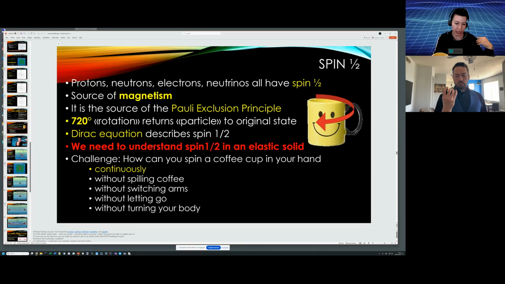We can't break the elastic solid, meaning we can't just switch hands, or we don't want to break our arm. The whole elastic solid stays continuous. We can't let go because it's stuck in there. We can't turn our body either. So how can you do this while at the same time getting back to the same place after two rounds? Just think about it for a moment.